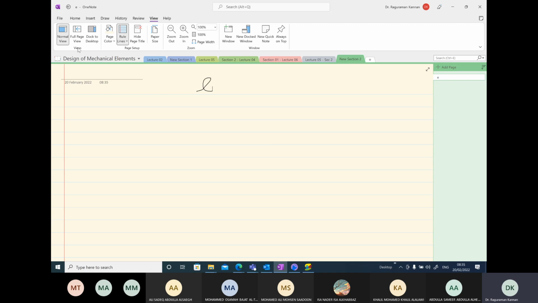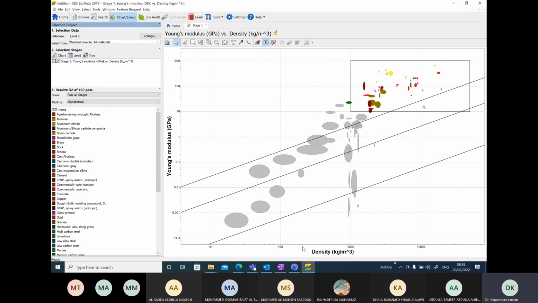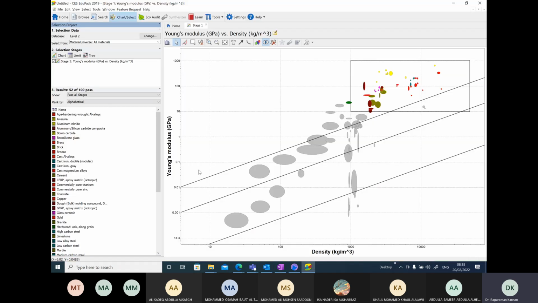So what can we write here? Actually, to calculate the slope, here we have the density 1 value. Let's assume this is 0.1 here.